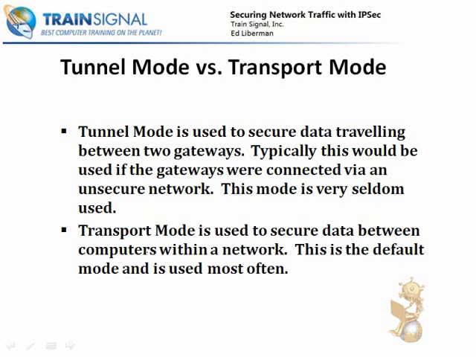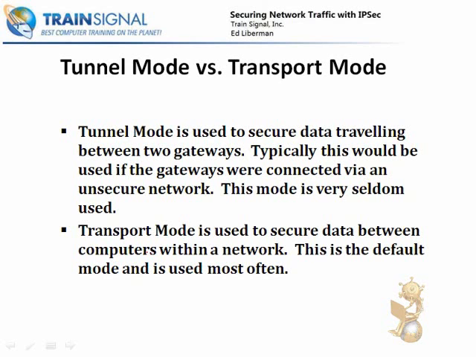Now, there's two different modes that are supported by IPSEC, tunnel mode and transport mode. Tunnel mode is something that you would use very rarely. There are some rare circumstances where you will set up an IPSEC tunnel to secure data traveling between two gateways or two routers.